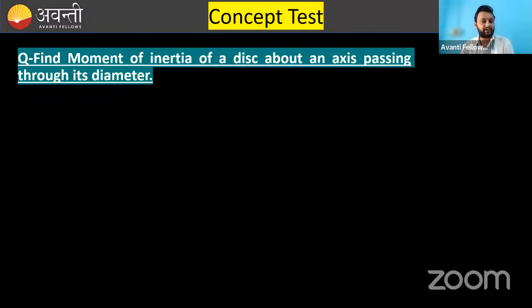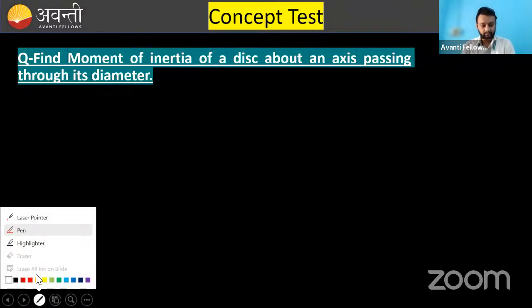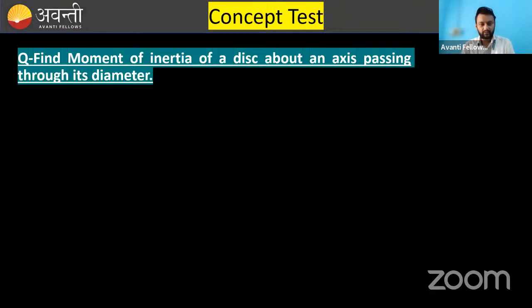Find the moment of inertia of a disk about an axis passing through its diameter. The question is very simple. We have 3 or 4 minutes actually.